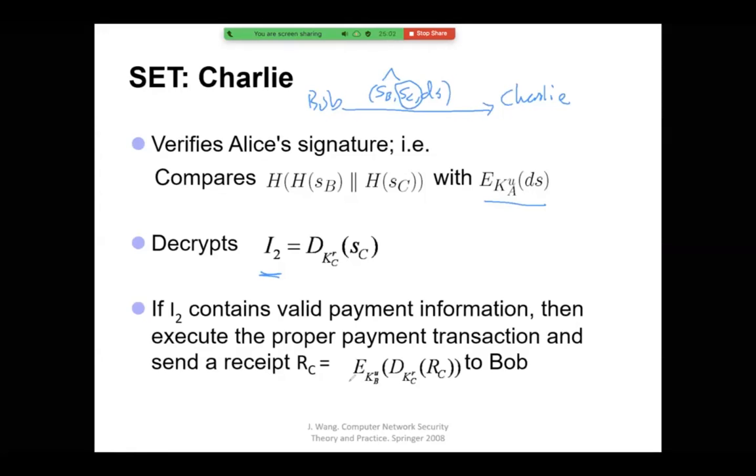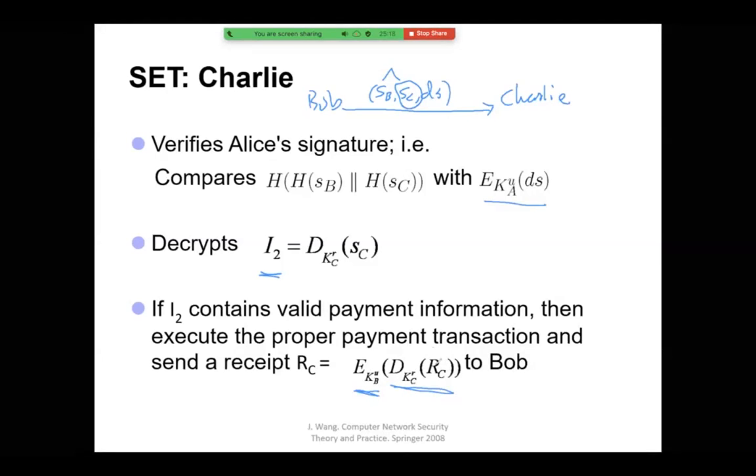Bob will use his private key to decrypt this, and then verify this indeed comes from Charlie using Charlie's public key.